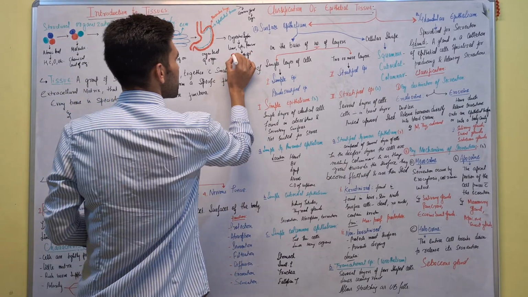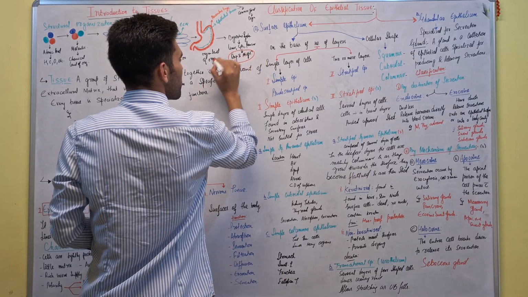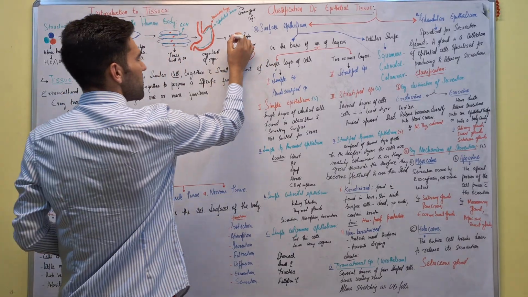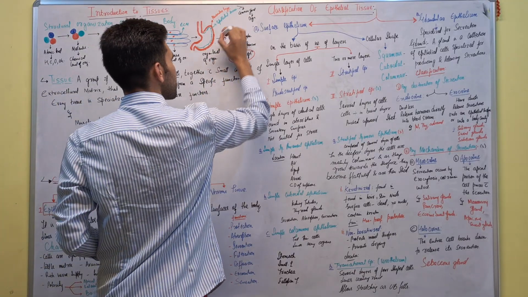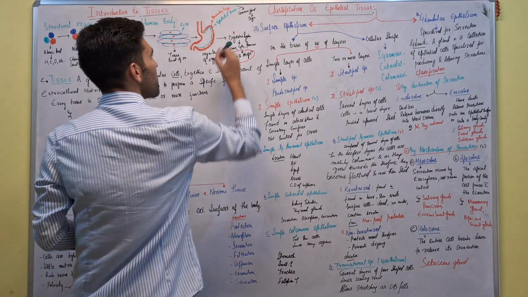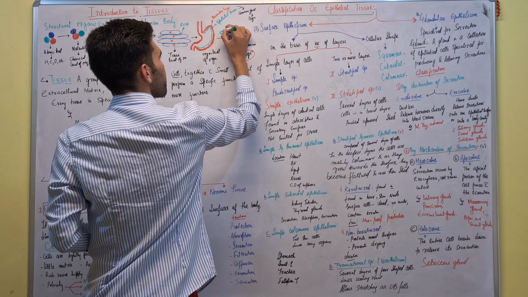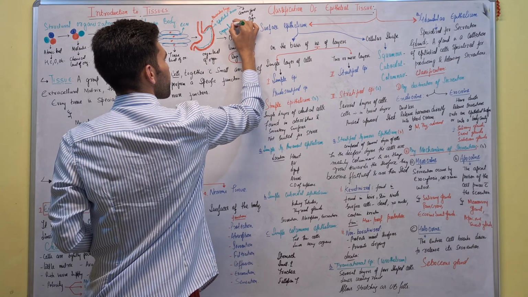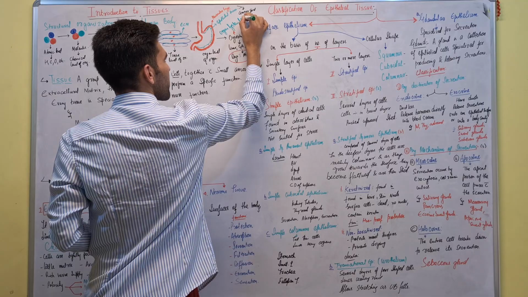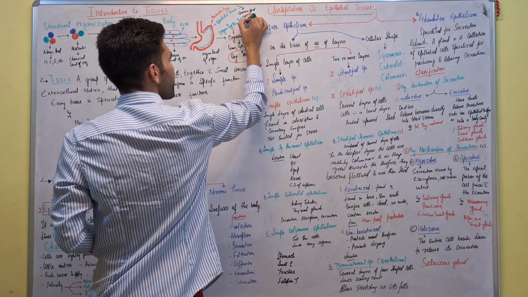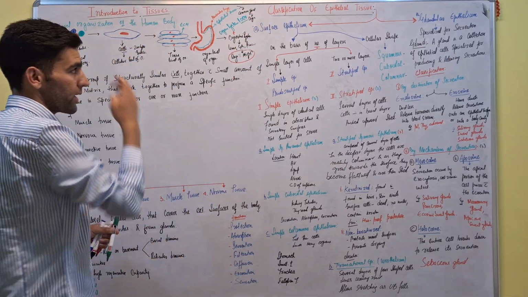This is the common goal, and we call it the organ system level of organization. LOR is level of organization.